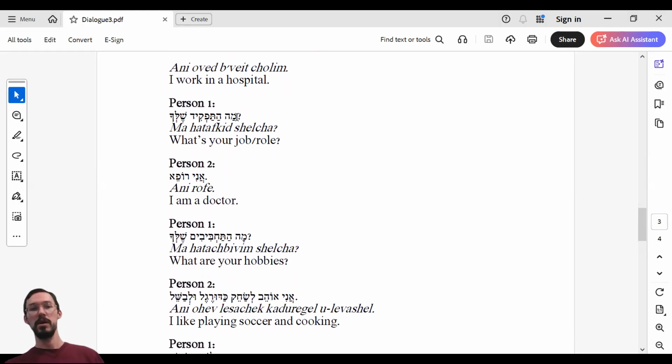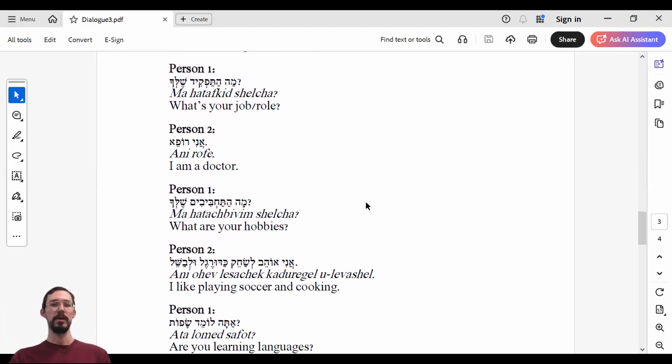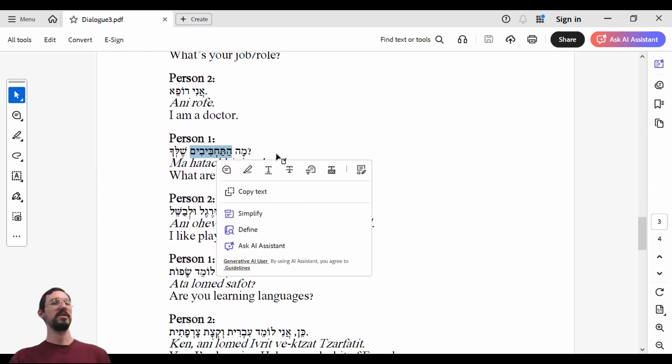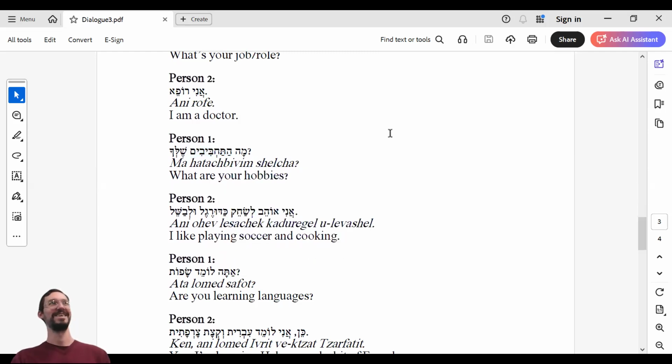Also, another funky sounding word, tafkid. Tafkid means a role, or a job, primarily a role. Tachbivim, that's a difficult one. Yes, that's right. Tachbivim.